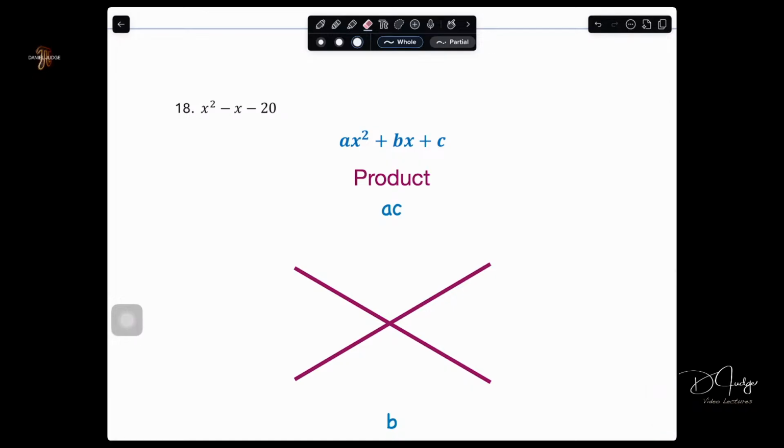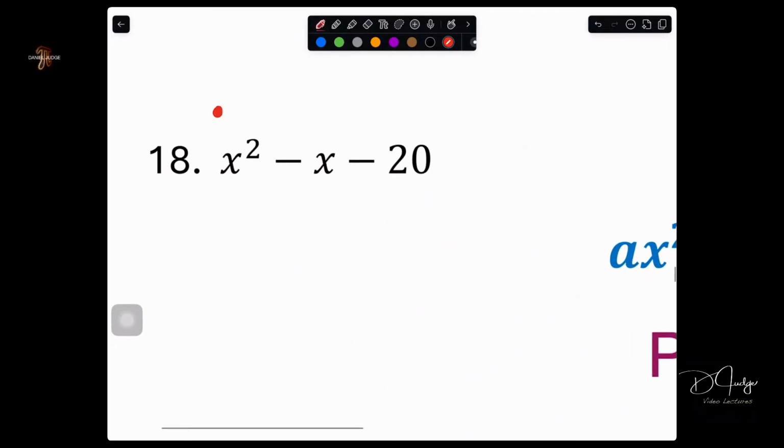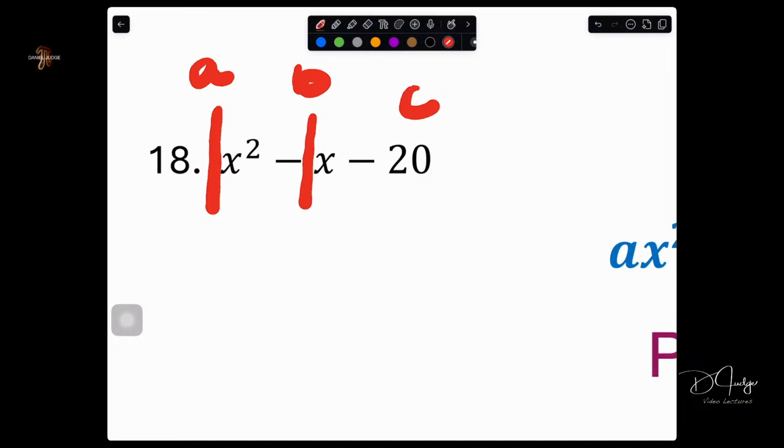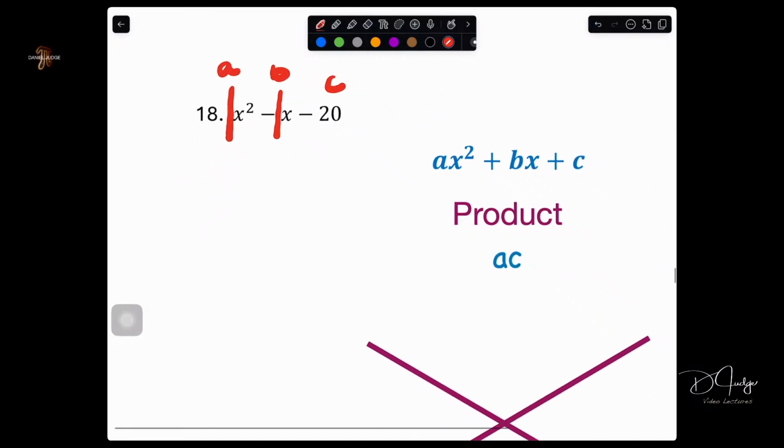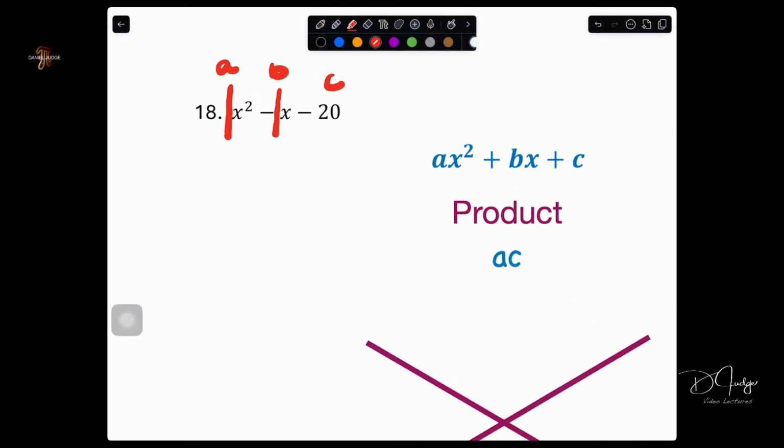Number 18. A is 1, B is negative 1. So here's my A, here's my B, here's my C. So we need two numbers multiplied together whose product is, we've got to get that A times C, 1 times negative 20.